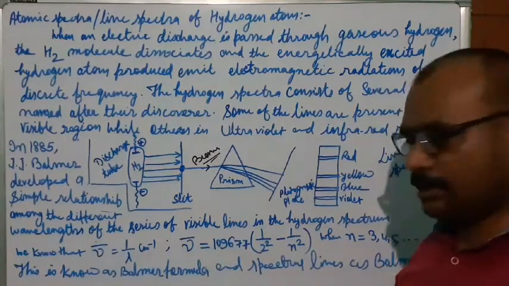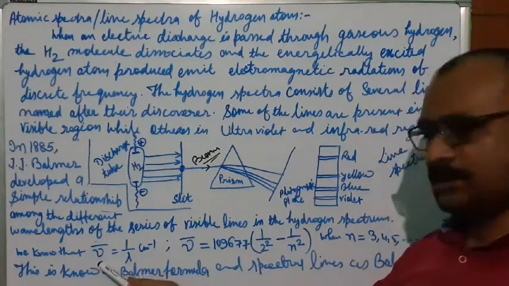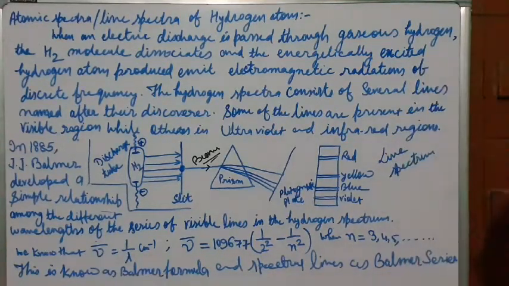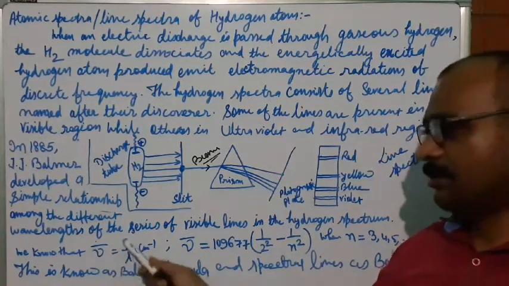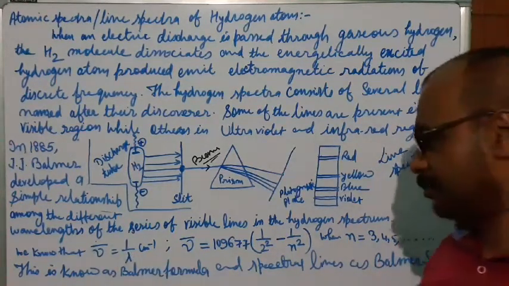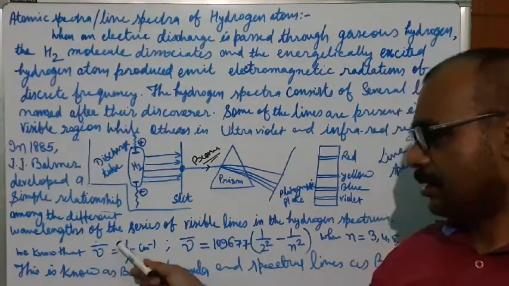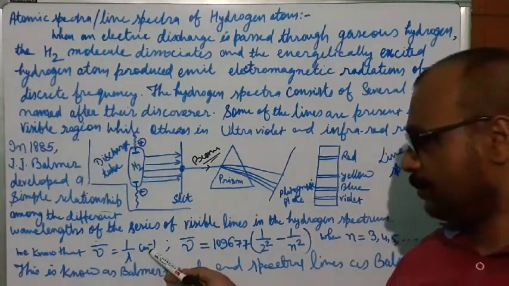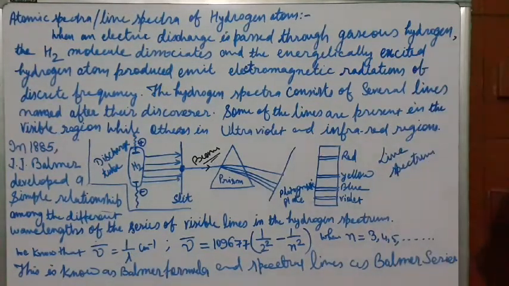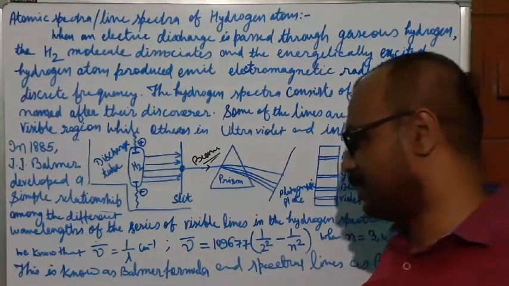You know the nu bar. What is this? Wave number. Wave number is 1 by lambda. We know that, it is already explained to you. Nu bar is equal to 1 by lambda. Its unit would be per centimeter, because it is the inverse of a length.